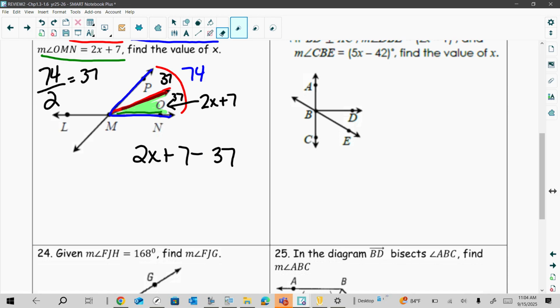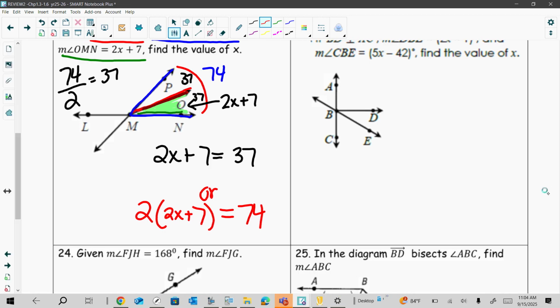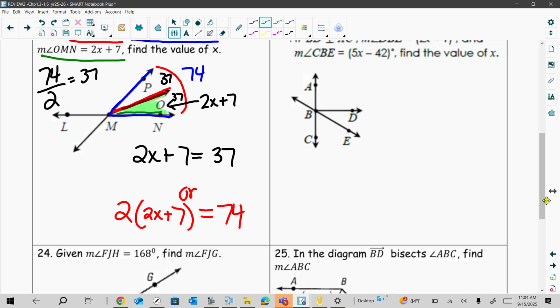So if they give you the whole, you can half it. Or you could have doubled the 2x plus 7 and had it equal to 74. All they want you to do is find x here, okay?